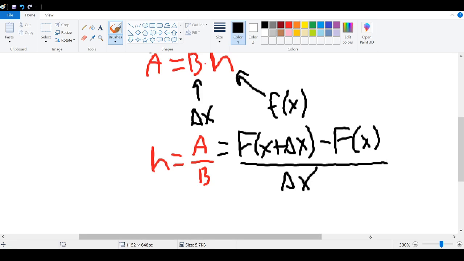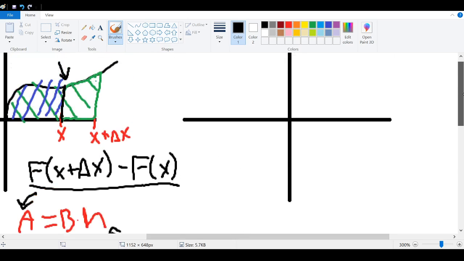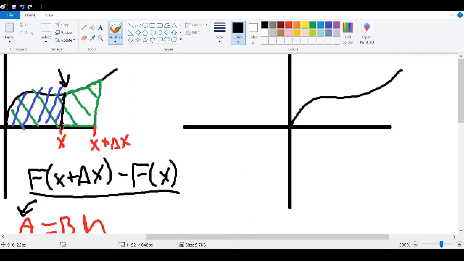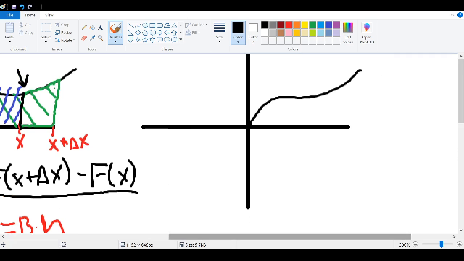Now let's see if we can make this approximation a little better. So here's our function again. Now let's make x and delta x a little bit closer together. So effectively we've made delta x a little bit smaller. Now when we take the area quantity, that capital F of x plus delta x minus F of x, we get all of this area minus all of this area.